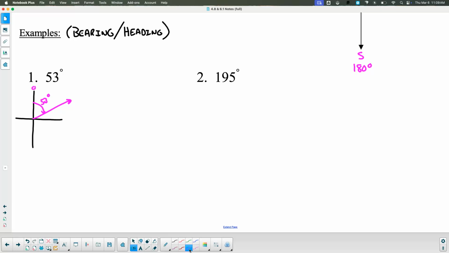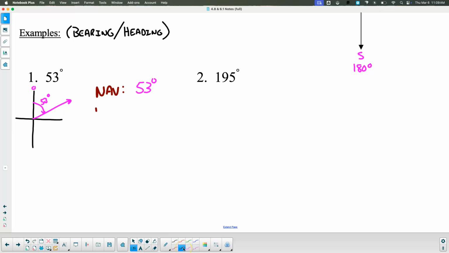So let's talk 3 different types of angles here. First off, we have the navigation angle. That would be 53 degrees. That's what was given. We can also have the trig angle for that one.